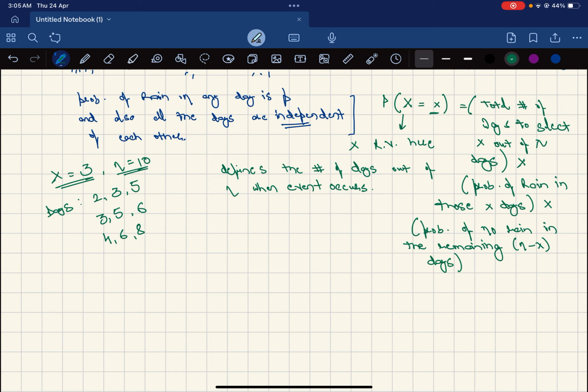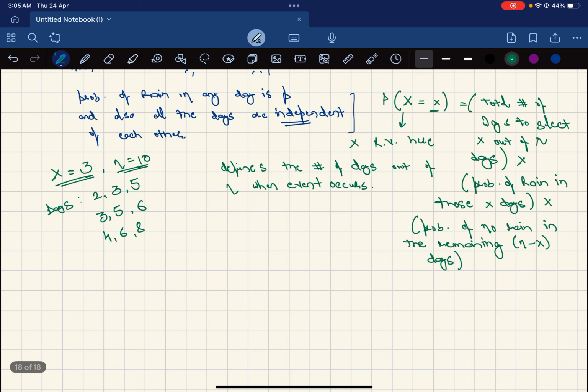We have rain on x out of the total n days, and therefore we will not have any rain on the remaining n minus x days. Now we know that the total number of ways to select x out of the n days is nothing but the combination operator nCx. So we are selecting x out of the n days where the rain will happen. Now the probability of rain in those x days is to be calculated, which is p into p, x times.